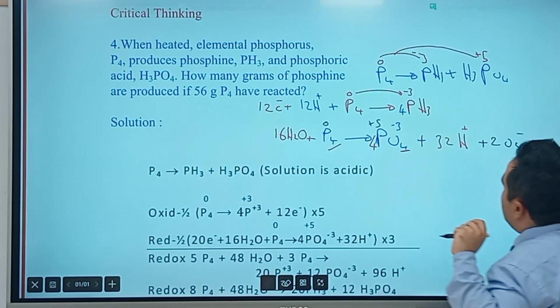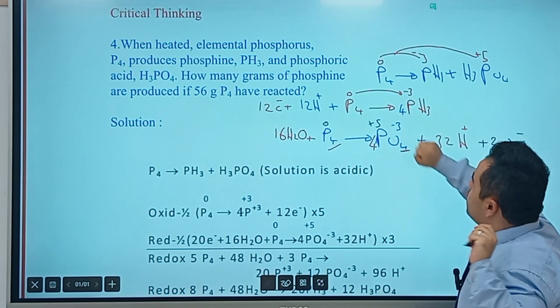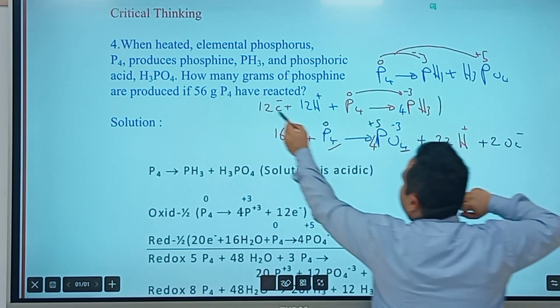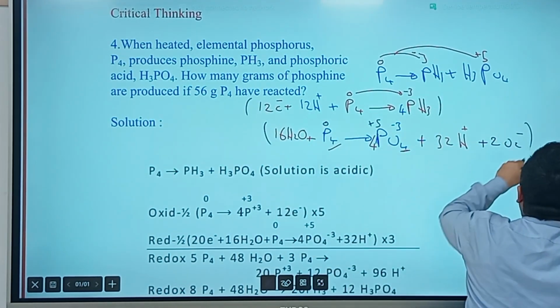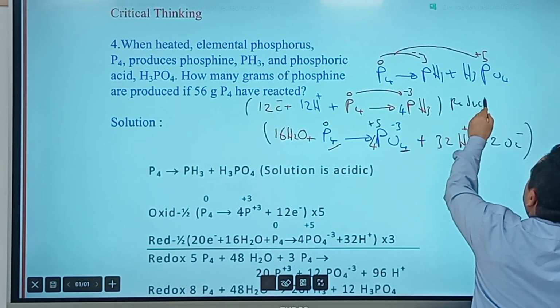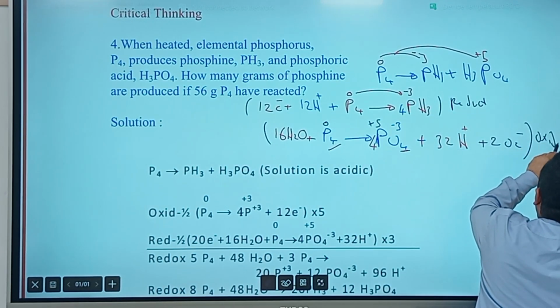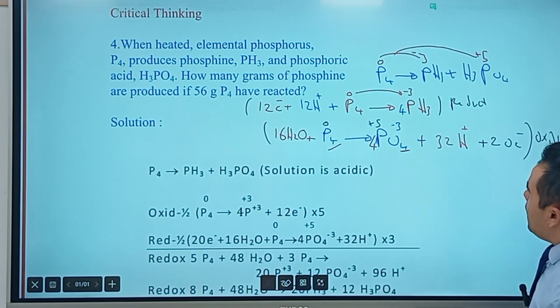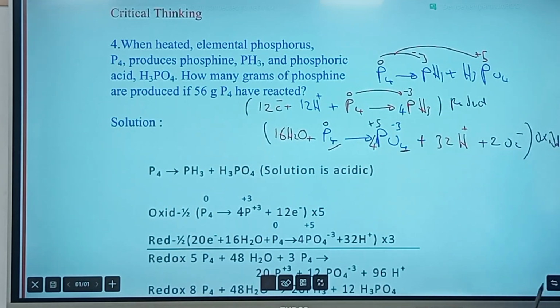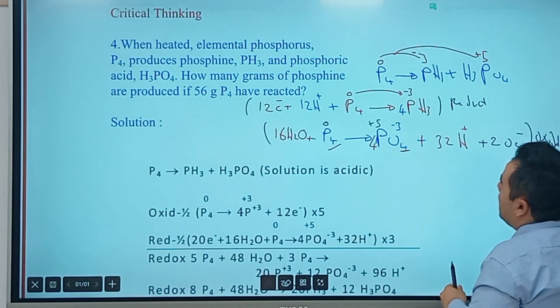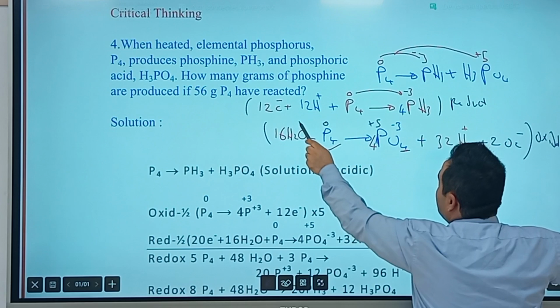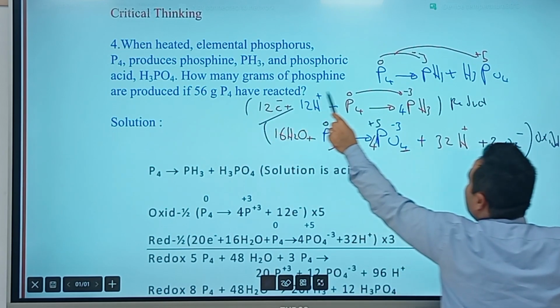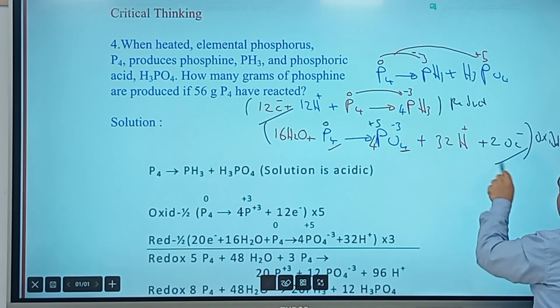Okay, guys, when we have these two, both the reduction half and the oxidation half, let us test whether the number of electrons gained equals the number of electrons lost.